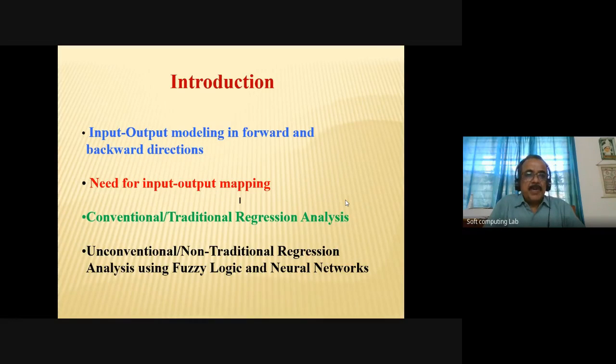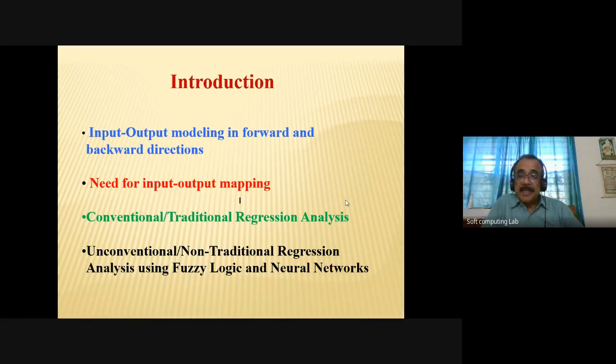So this input-output modeling could be either in the forward direction or in the backward direction. If I do the mapping from the inputs to the outputs, that is nothing but the forward mapping, and the reverse is this: if I want to reach a set of outputs, how do I select the set of inputs? That is what we mean by the reverse mapping or the reverse modeling.